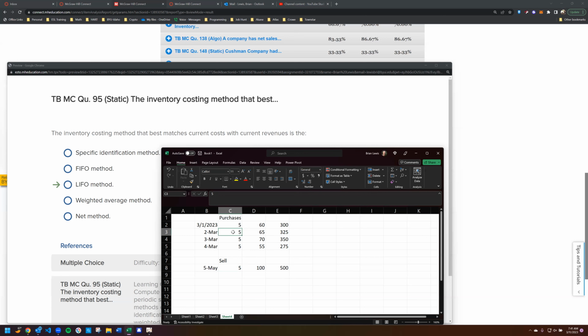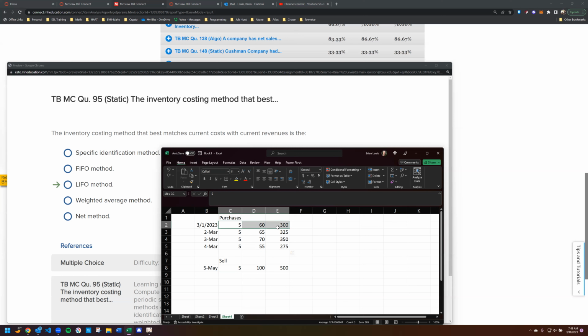Okay, this batch right here is what I sold. Well, this isn't the most current price because the most current price is 55 and I bought it at 65. So the reality is no, specific method doesn't always match your current cost. It could if it happened to be this one, but that's a probability issue. It's not 100%, right? So no, it's unlikely to result in matching the current cost.